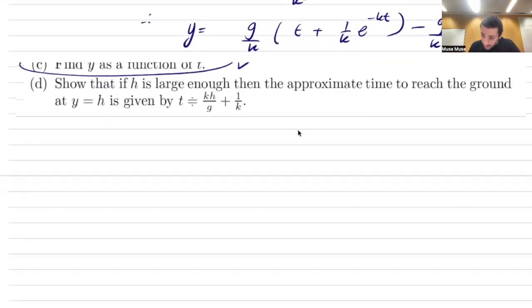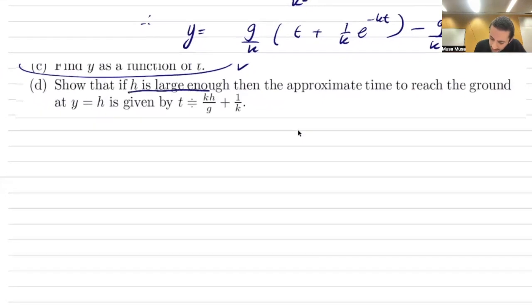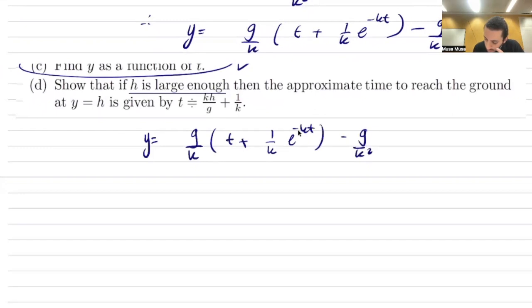If h is large enough, as soon as you see something like this, consider limits, right? So we want to take our y equation as g on k, t plus 1 on k, e to the minus kt, minus g on k squared. Like clearly we're using this somehow.